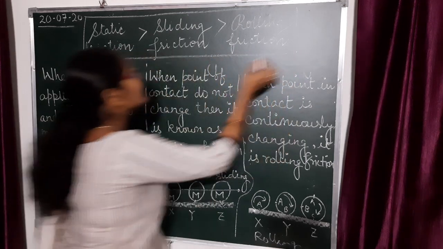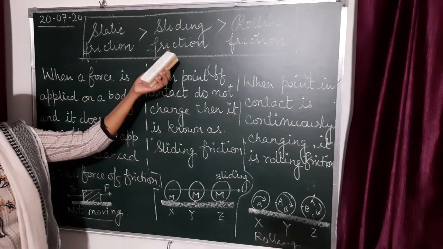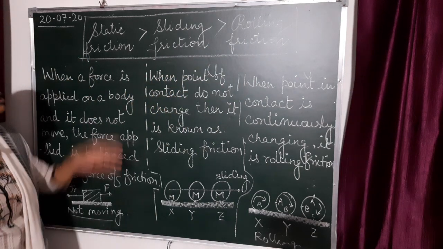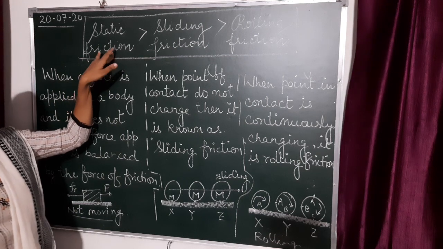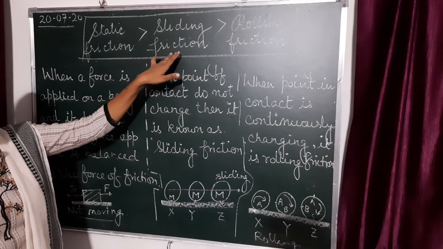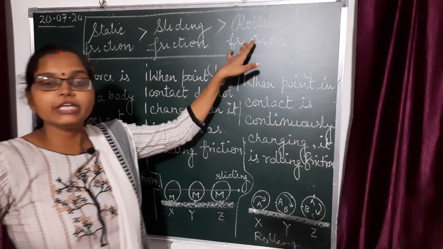Static friction is greater than sliding friction and it is greater than rolling friction. Why? Because we have to apply more effort in this. In sliding friction comparatively less, and in rolling friction least.